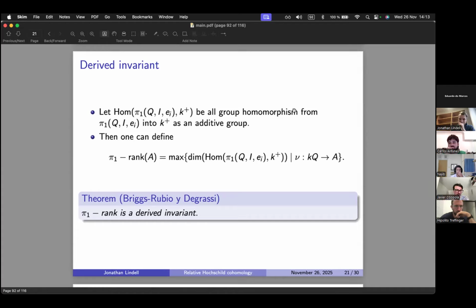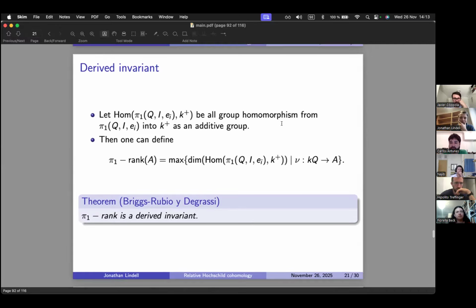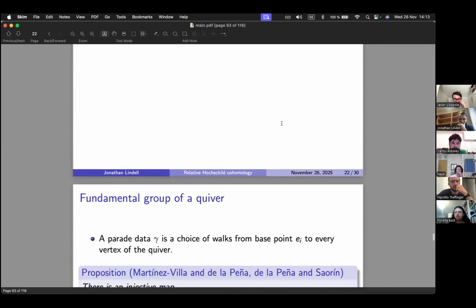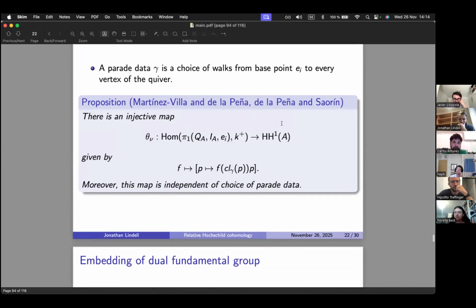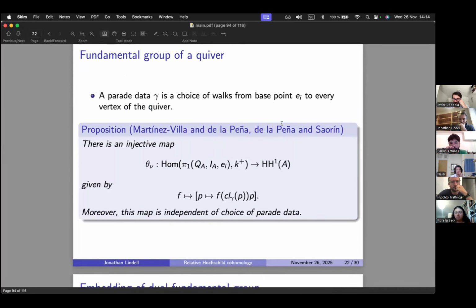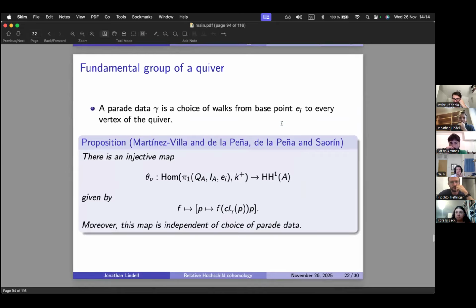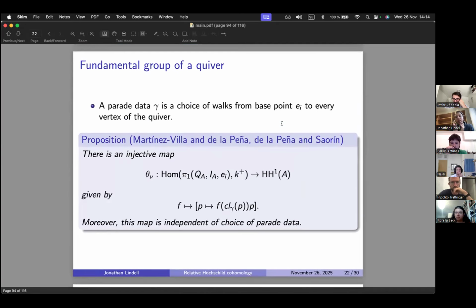Great. Are there any other questions? I have one, like a curiosity. Is the pi one and these dimensions easier to compute than the first Hochschild cohomology group? I would say so. In general, pi one is easier.